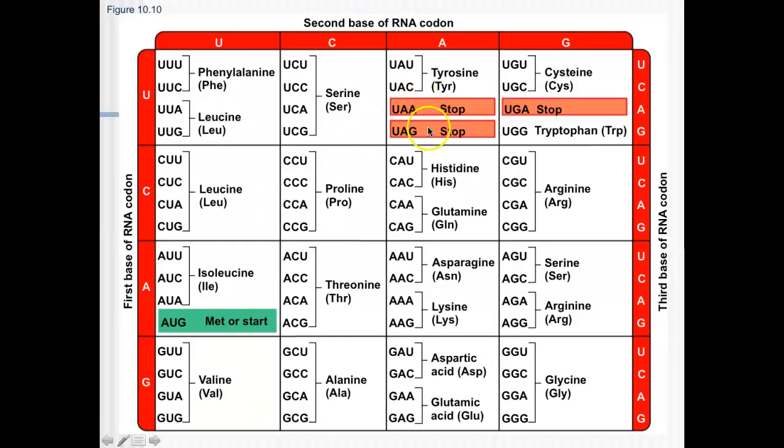There are 3 stop codons encoded for in the genetic code. Those stop codons, if you remember what they're used for, they're to stop translation. So as the ribosome reads RNA, it stops at a stop codon. Those don't code for anything. They're stop messages, right? And remember, we also had a start, but the start also codes for methionine.